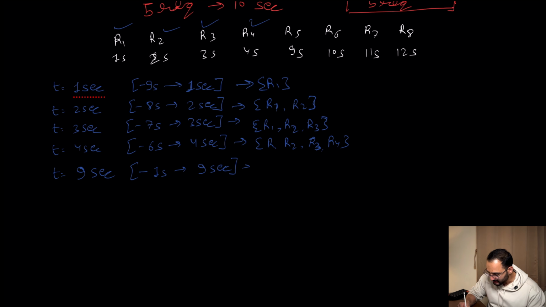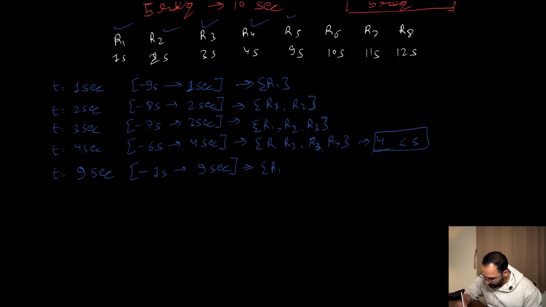So will this R5 be accepted? Let's see. Our current request count is 4, which is less than the maximum of 5 in our window, so we'll accept R5. So the requests accepted are R1, R2, R3, R4 and R5.